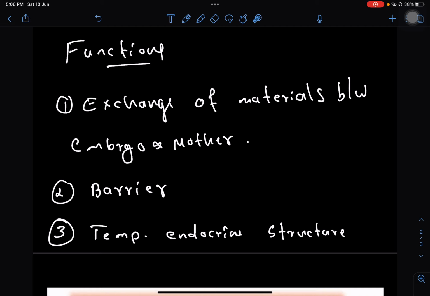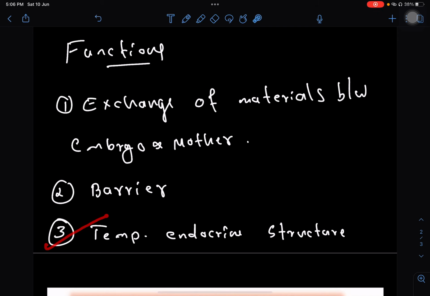This kind of substances, agents which can cross the placenta and cause problems in the development of embryo, are called teratogens. Terato means monster, gens means generating. Monster generating substances, agents which can cross the placenta and can enter the embryo. So we call them teratogens.